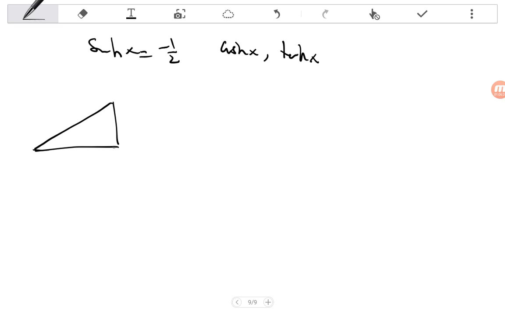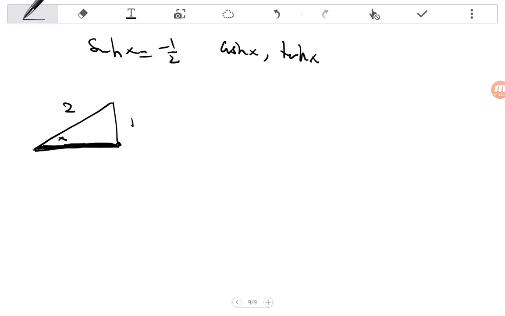To make it different from the regular triangle, I will highlight the adjacent side like this. I will just write that expression, sine x equal to 1 over 2, so that will be 1 over 2 like this.